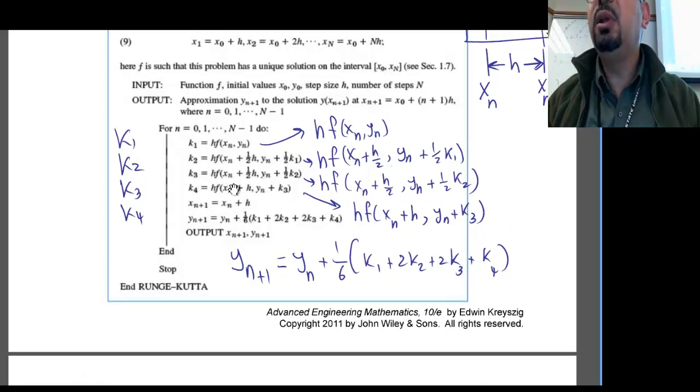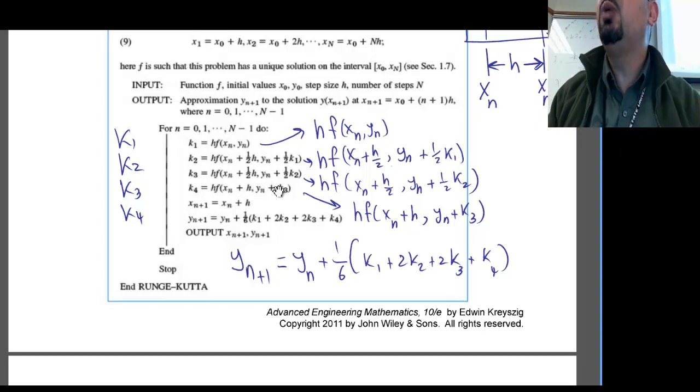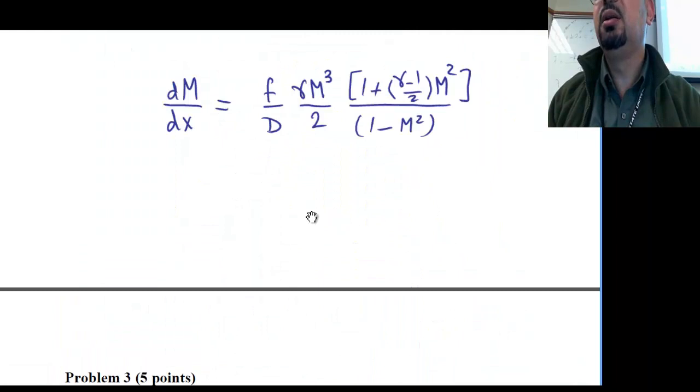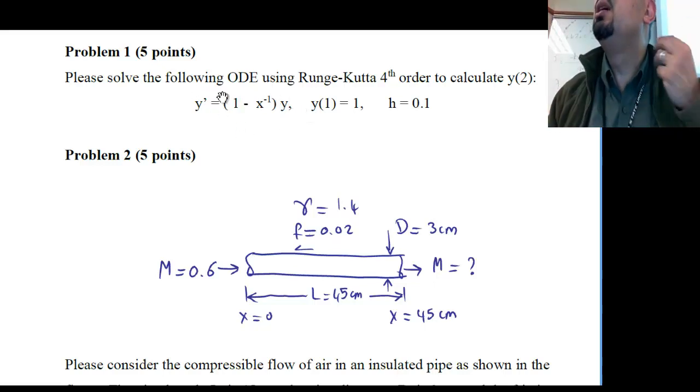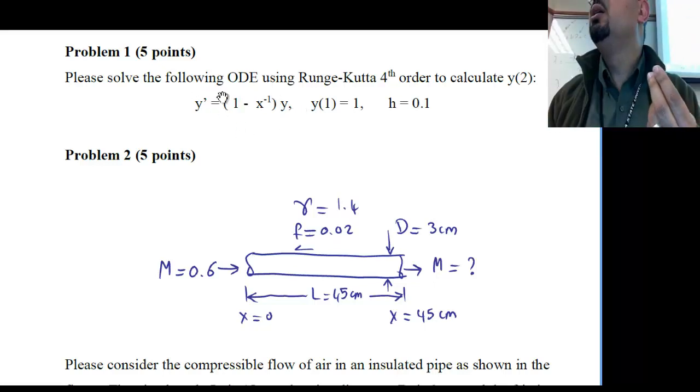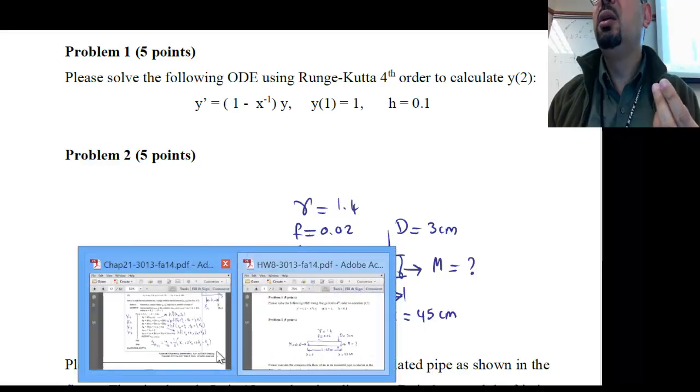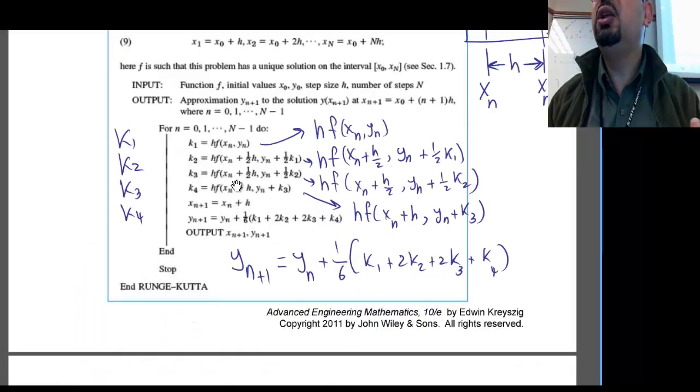So again, the formula that I'm substituting in is the dy by dx. Right? So, for example, here the dy by dx is this: 1 minus 1 over xy. This is my slope. This is the function of x and y that I want to evaluate initially, finally, and in the middle.